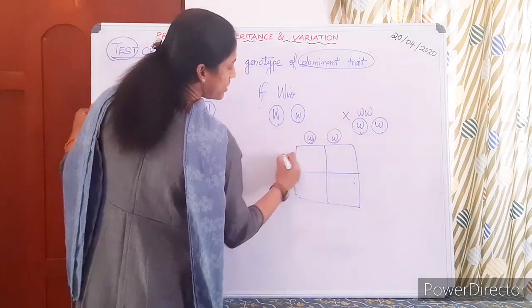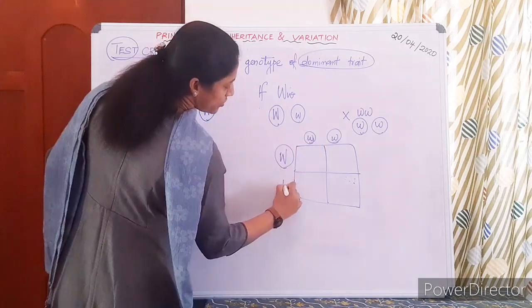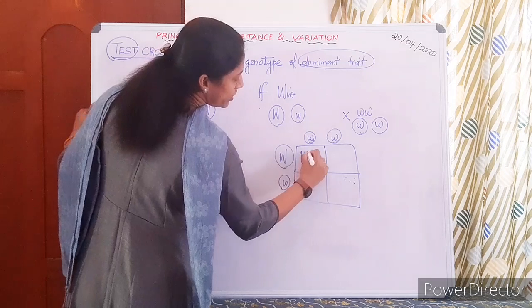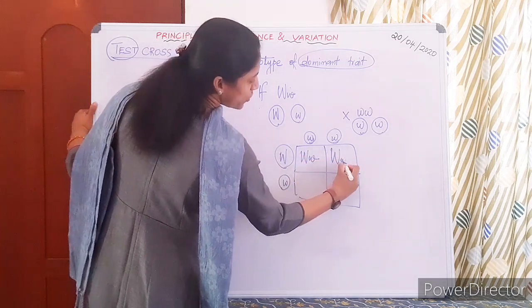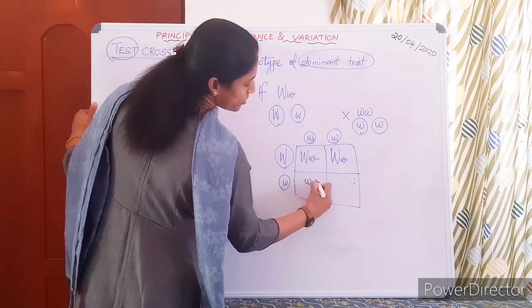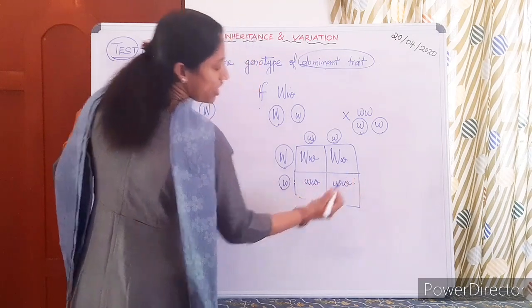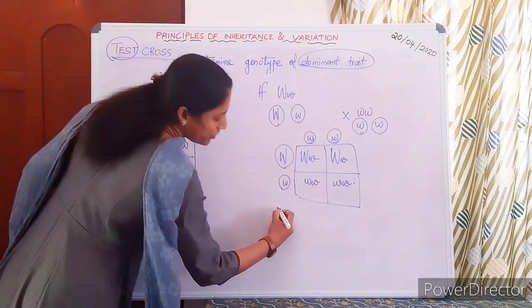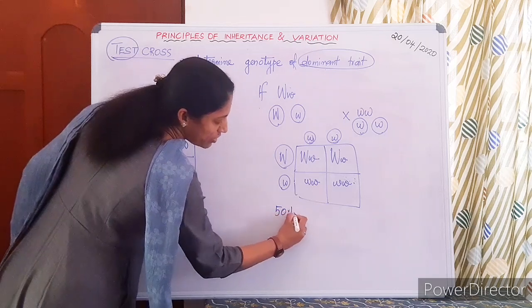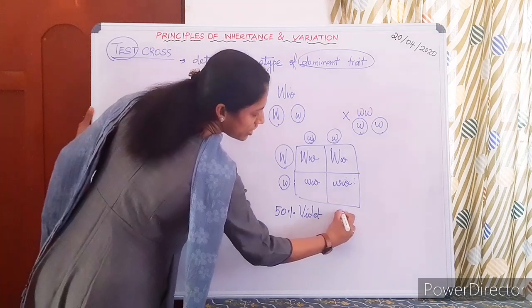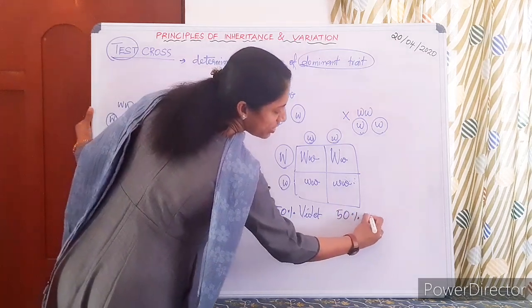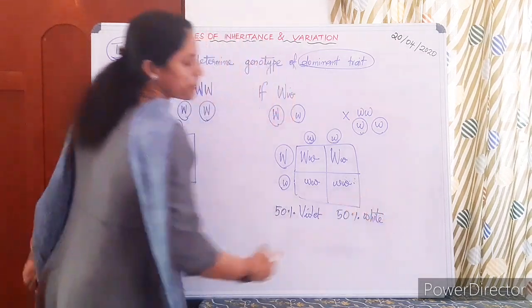Capital W, small w, capital W, small w, small w, small w. That means in the progeny, 50% of them will be violet flowered, whereas 50% will be white flowered.